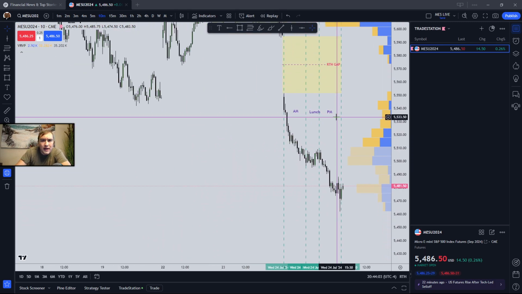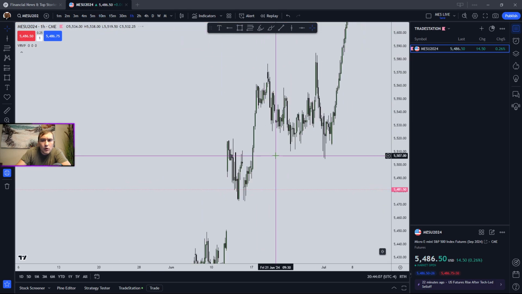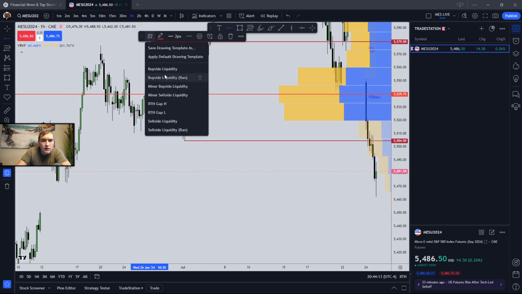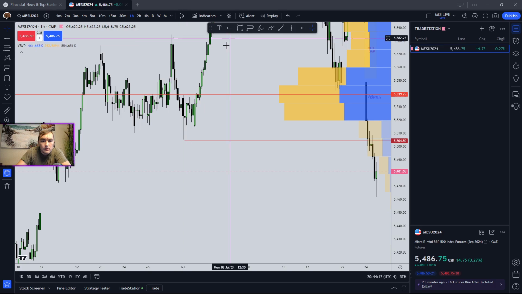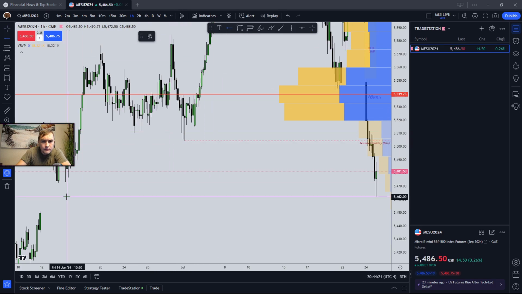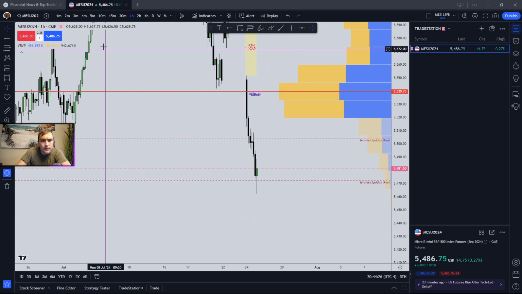And starting out, let's go up to an hourly chart and see where our sell side liquidity was located. Sell side liquidity ran. Sell side liquidity ran, and sell side liquidity was also run here.